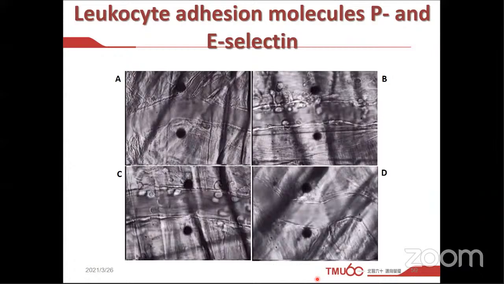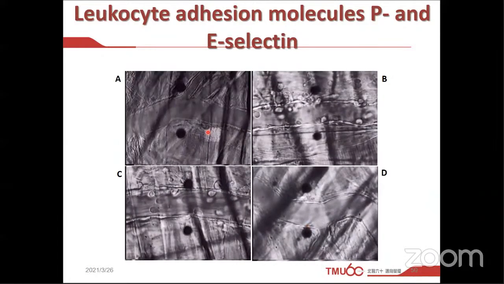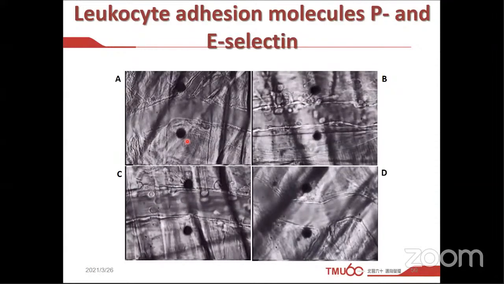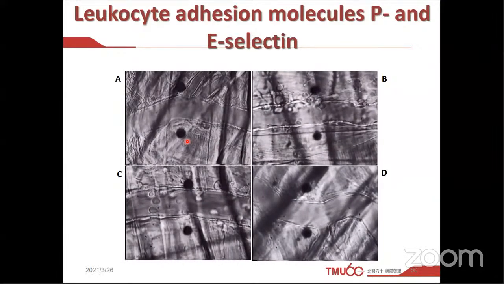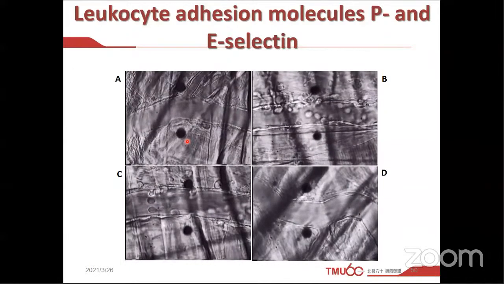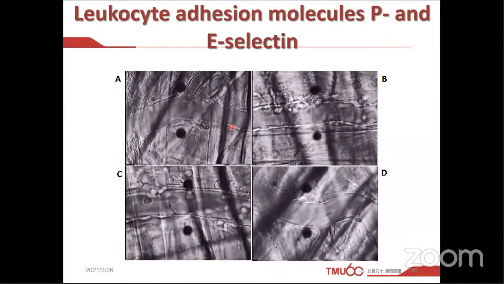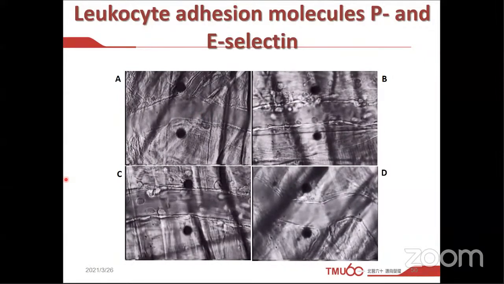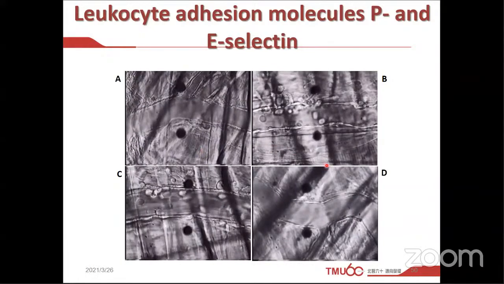Let me try it. Okay, got it. You can look at picture A here. If you are a good surgeon, you generate a very minimal immune response. No tissue is damaged, so you can see the flow is good. No white cell rolling. But after 10 minutes, what happened?